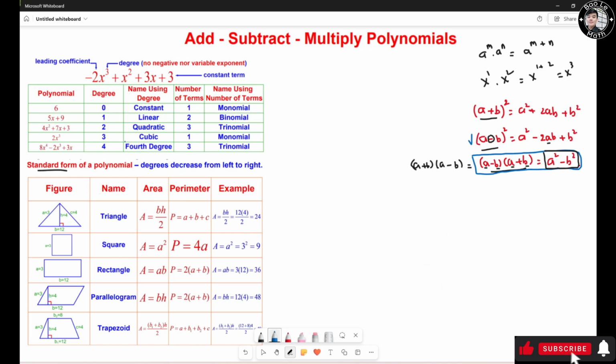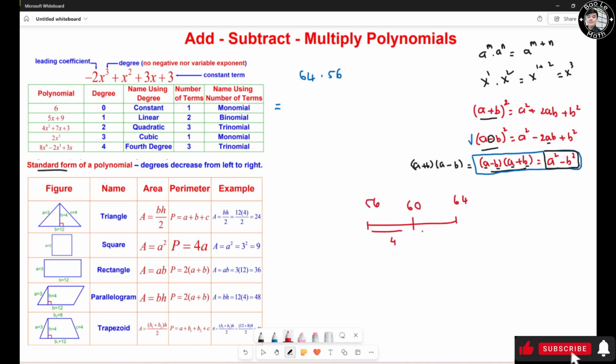Now, next one. Now we need to calculate 64 times 56 without using calculator. Alright, so observe that 64 and 56 is going to be 4 units away from 60, right? This is 64 and this is 56, right?